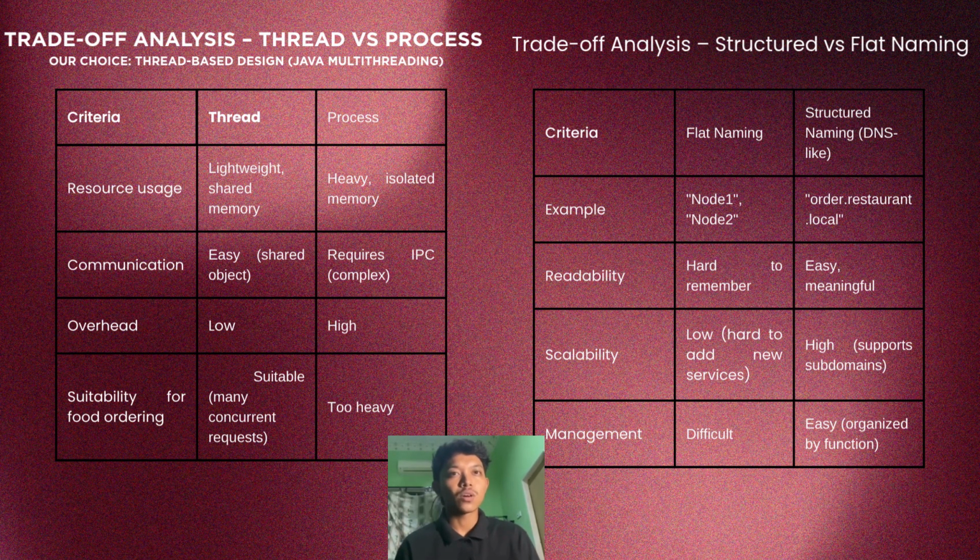This is similar to how the internet DNS works. Structured naming is more readable, scalable, and easy to manage. In our system, we implemented this using a HashMap inside the naming service class. This allowed us to add new services easily, like drink, restaurant, locker, without breaking anything.